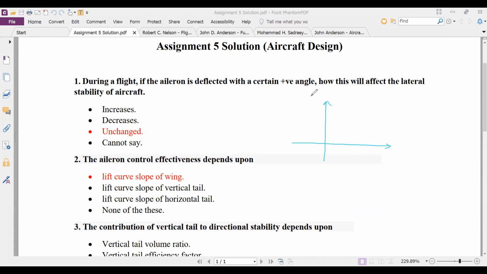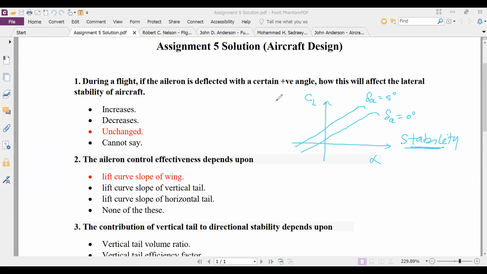This is the lift curve, the CL alpha curve. If the CL alpha curve is like this for one deflection of the ailerons, for another deflection of the ailerons, the curve might get shifted like this. So let's say this is delta A equal to 0 degrees, and this is delta A equal to 5 degrees. So the curve gets shifted, but the slope doesn't change. And stability is directly connected with the slope. Now, why?